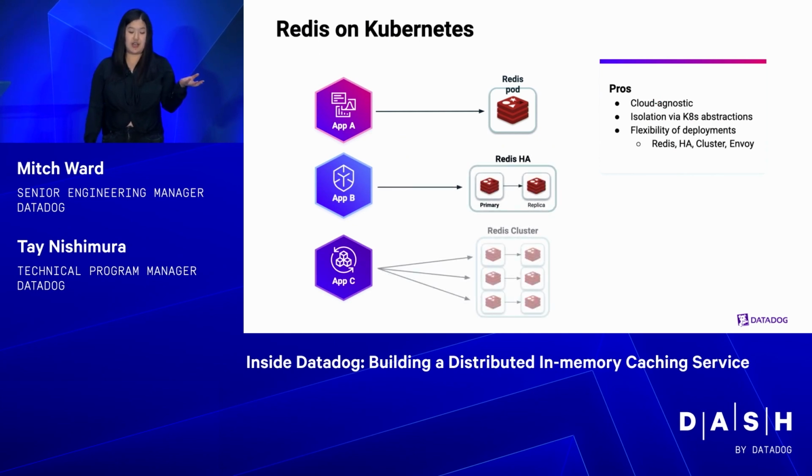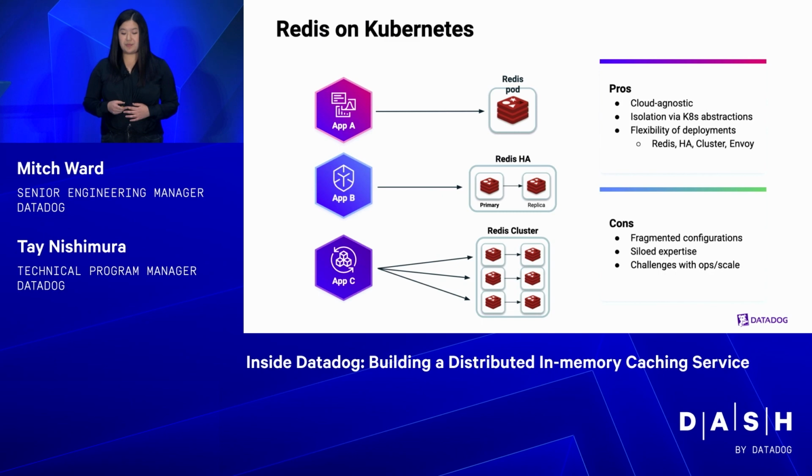One application could have just the one Redis pod, but other applications that needed a little more durability might choose to have a replica to cut over to, and in that way, make sure that uptime is much better. And then some teams were growing so much that they needed to partition their data across a Redis cluster. And all of them could do this using the Helm charts, whatever they wanted. And we loved that flexibility, and we were really loving the cloud agnostic nature.